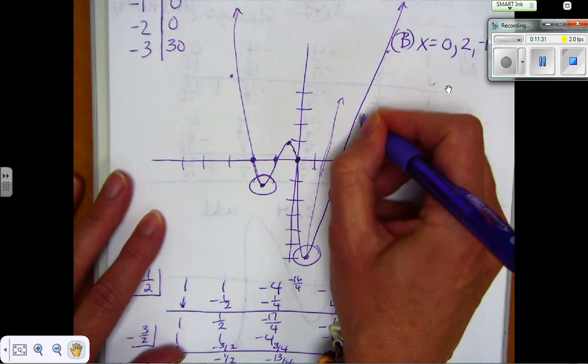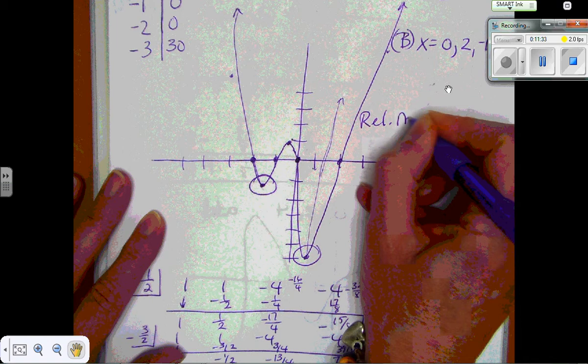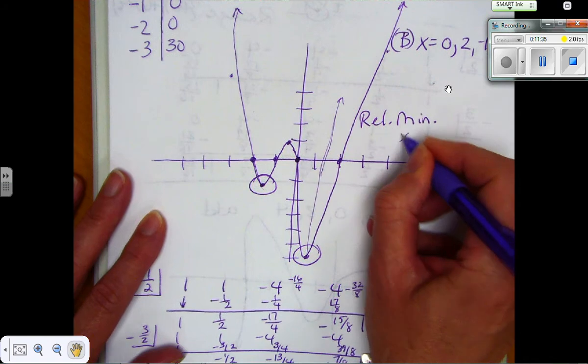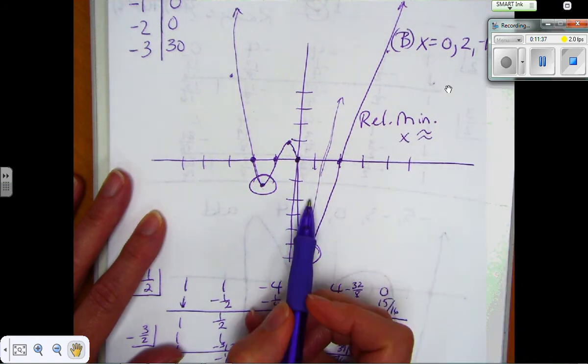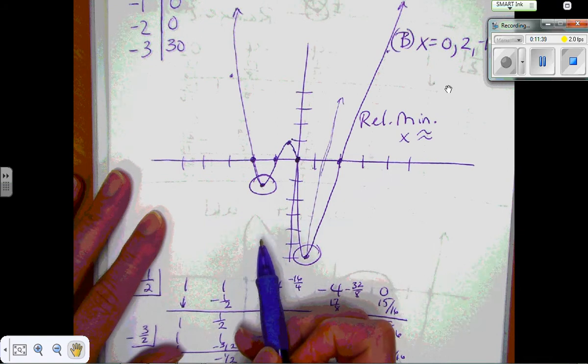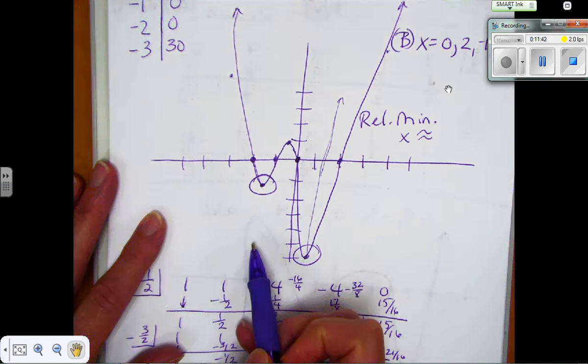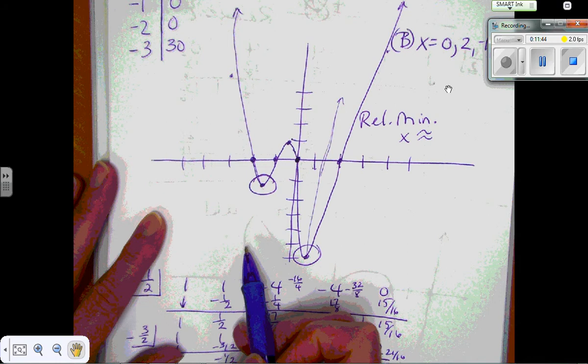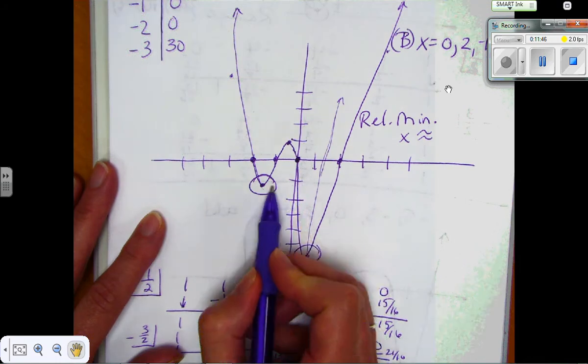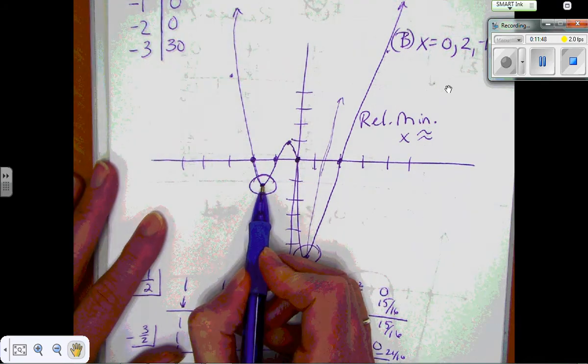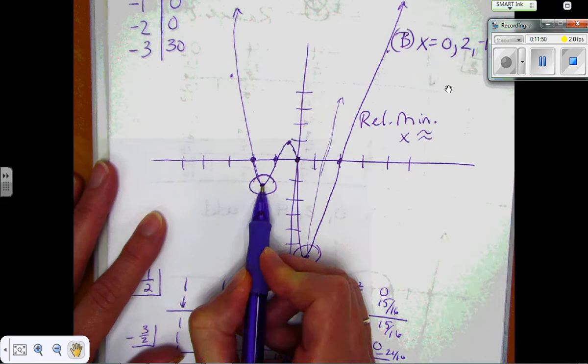So to write your values, you're going to label it relative min, where x is about, and see, now you're talking about the x value because they want to know where it is on the graph, not what it is. They don't want to know what the y value is, just what x is. So this min occurs where x is about -3/2.